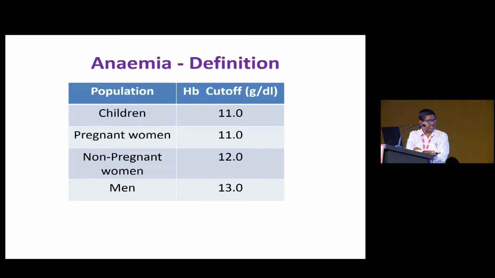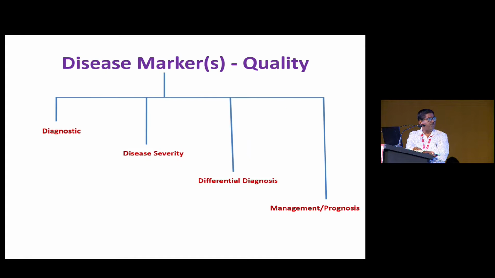Going to the topic of laboratory markers for anemia. What is a marker in general? When we come to a laboratory marker or a diagnostic marker, a marker should qualify these parameters. It should give us a diagnostic indication, it should tell us the disease severity, what stage the disease is, and most importantly the cause, that is the differential diagnosis.